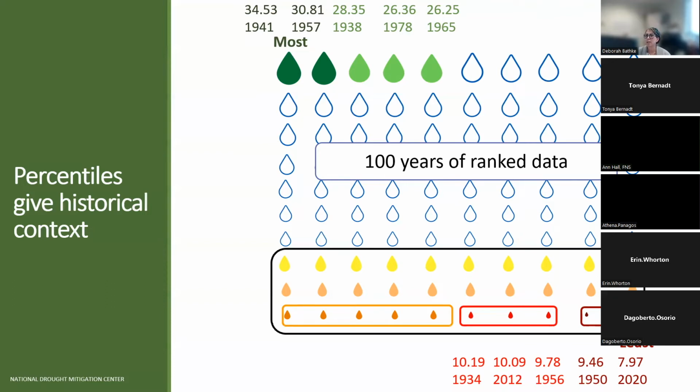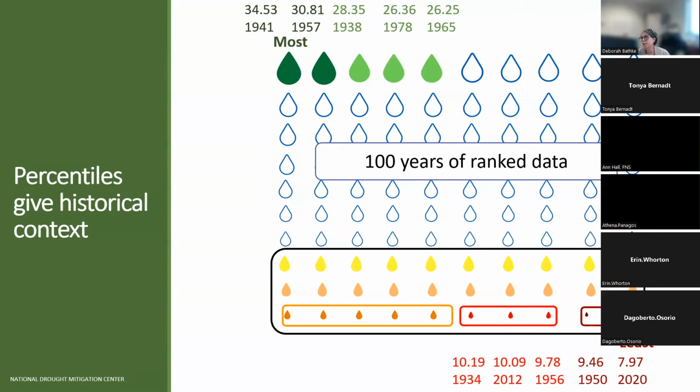And then 11 to 20 is moderate drought, and 21 to 30 is abnormally dry conditions. So based on statistics, for color to show up on the map, conditions have to rank in that bottom 30 out of 100 years of data.